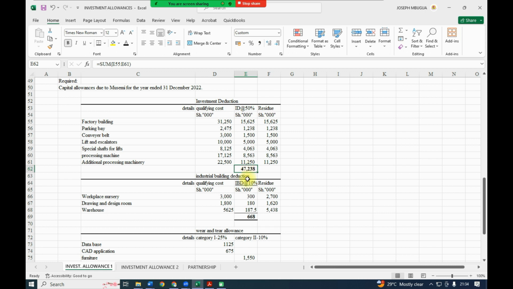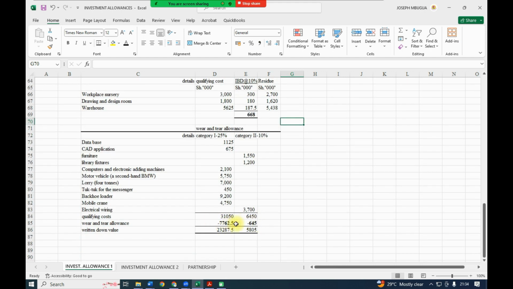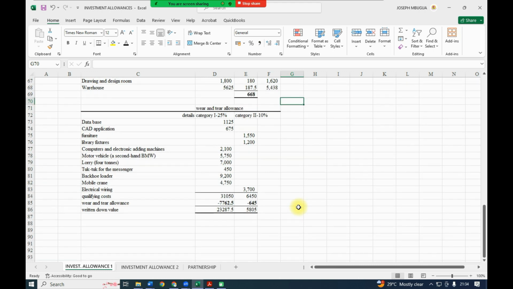So we shall deduct ID 47, we deduct IBD 668, we deduct wear and tear, the sum of the two, 7762 and 645, or you can decide category 1 and category 2. But generally, that's how the questions for investment allowance are done.